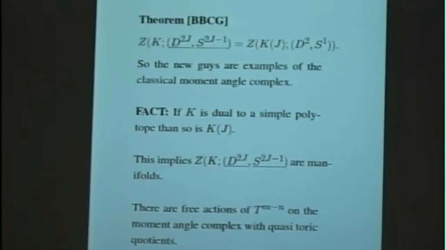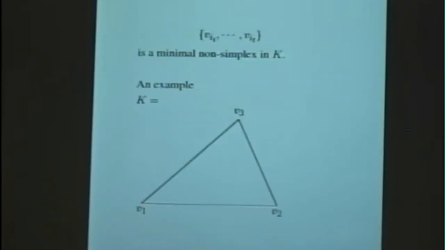The J is a set of integers, one for each vertex. So D^{2J} above, let's say, the first vertex would be a 2J1 disk modulo its boundary. The J's are a sequence.